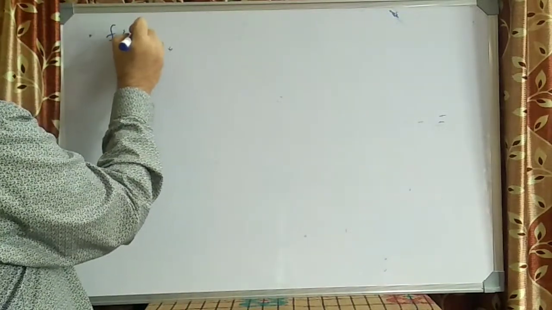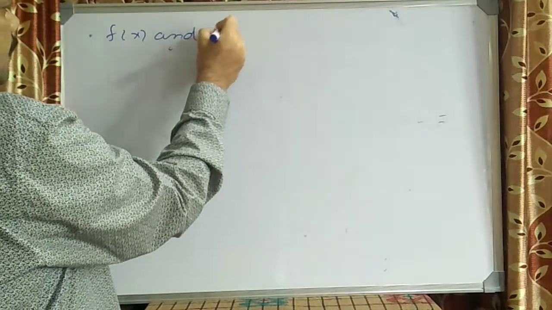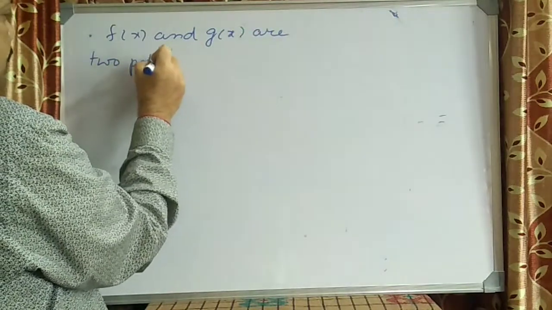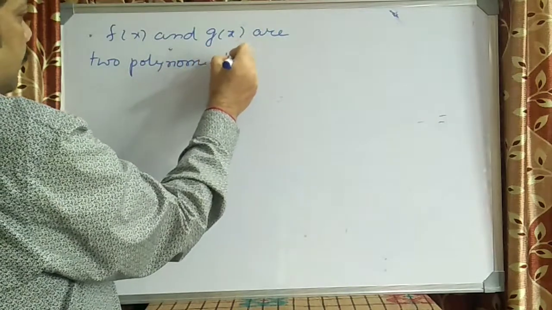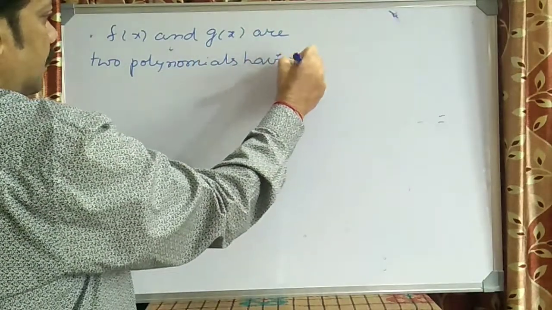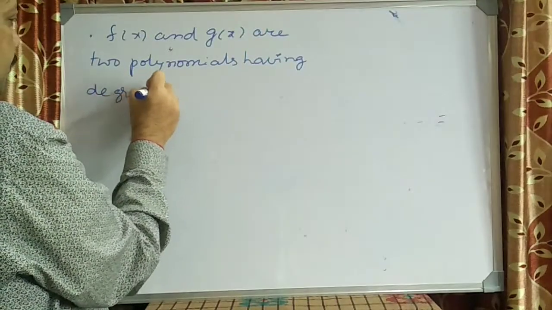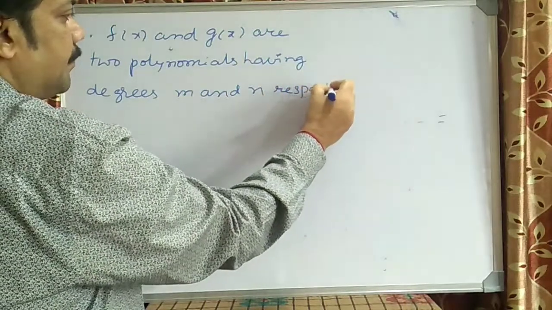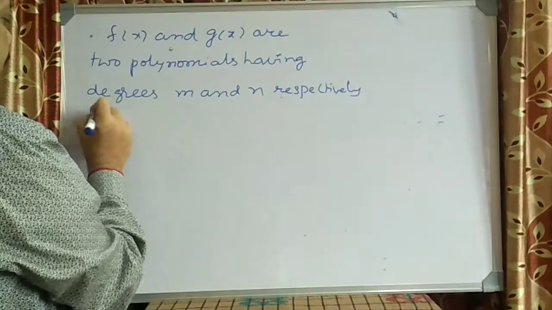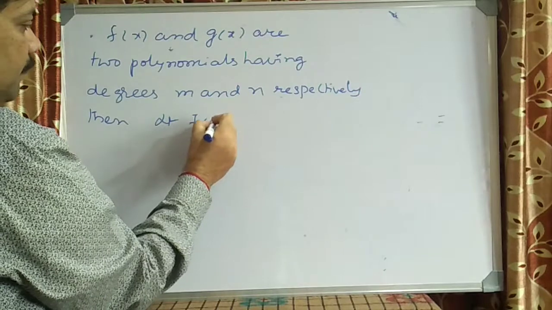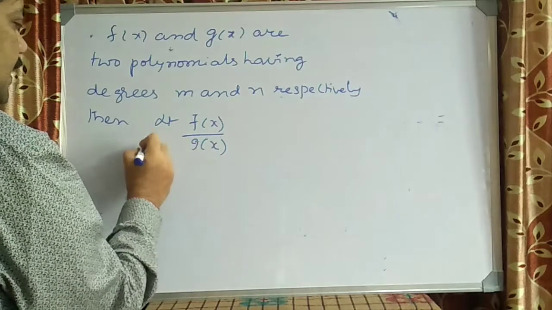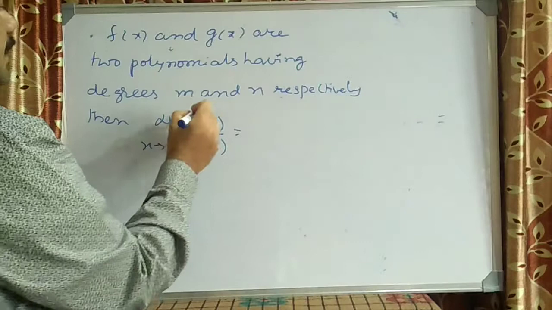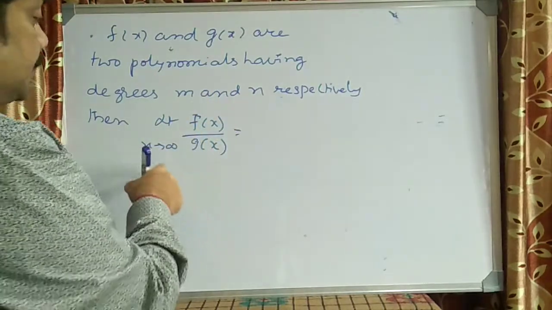Let's say f of x and g of x are two polynomials having degrees m and n respectively, then limit f of x by g of x as x tends to infinity is equal to, I am giving you a shorter method, so you can directly answer this without converting into 1 by x as x tends to infinity.